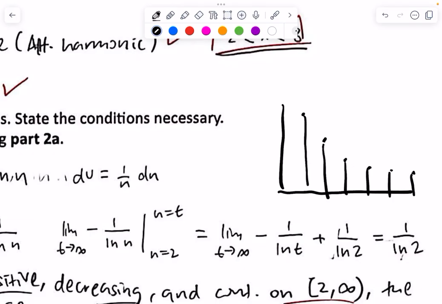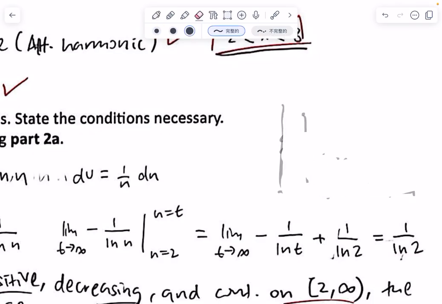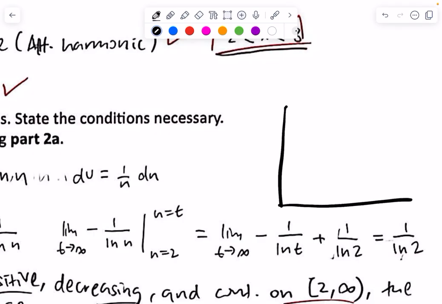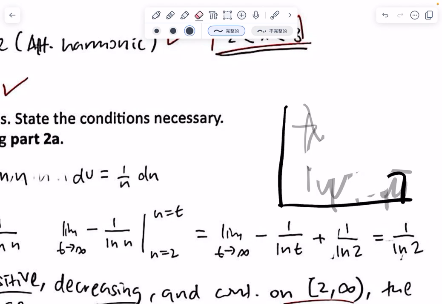But if we add up these y values, these small rectangles, this kind of looks like adding up this area together. So the integral test says that if we can add up this part of the area, then we can also add up the discrete set of dots.